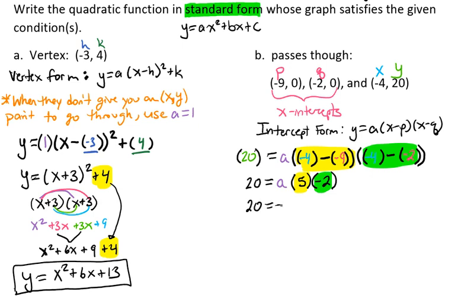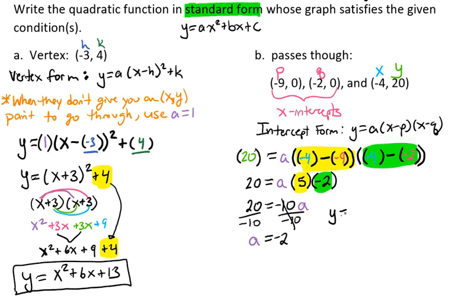So I have 20 equals -10 times a. So I'll divide both sides by -10 to get my a by itself, and we'll see that a equals -2.